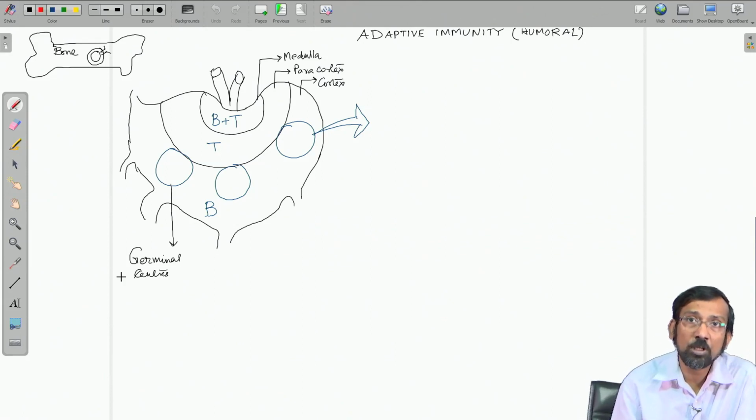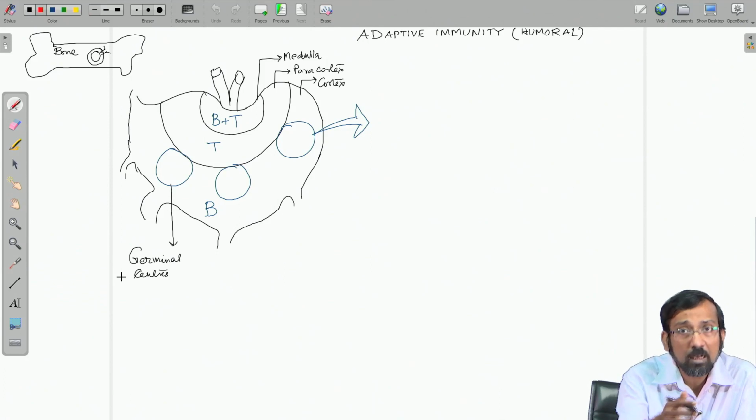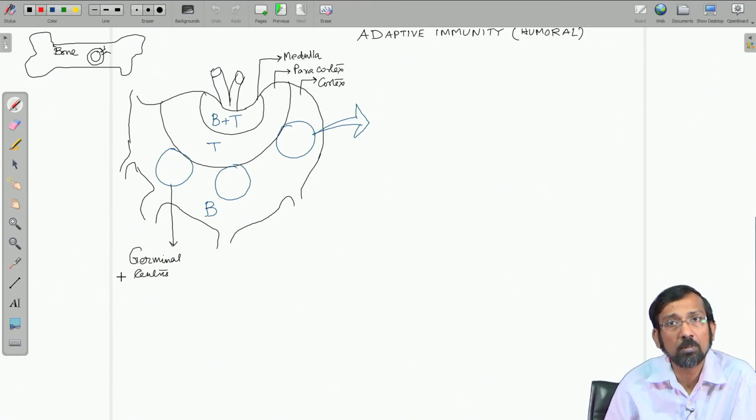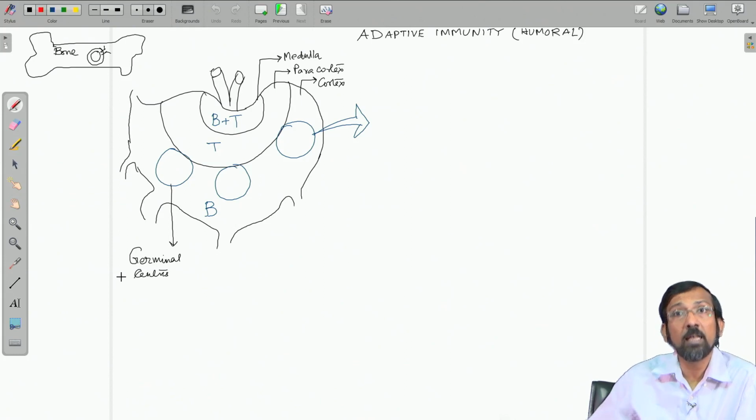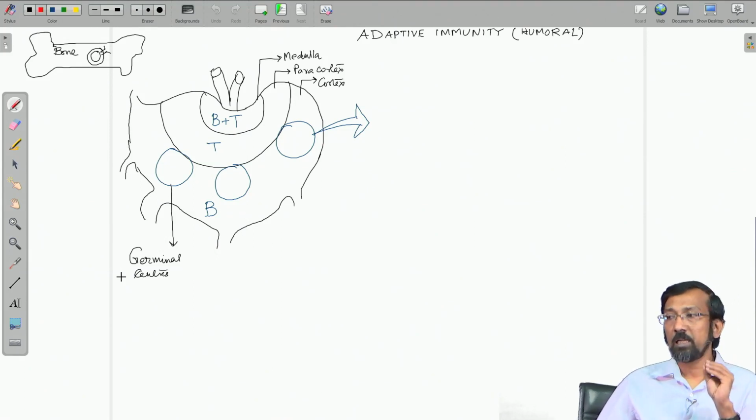As we know, these B cells mature in the bone marrow and then come to the lymph node, where they encounter the antigens. But an encounter with the antigens alone will not lead to the activation of the B cell.